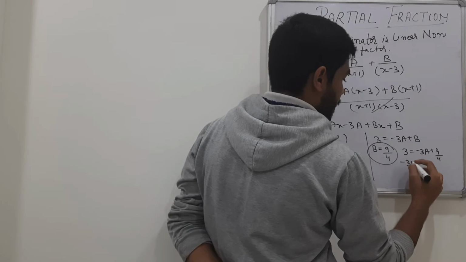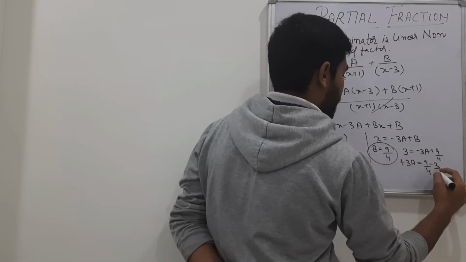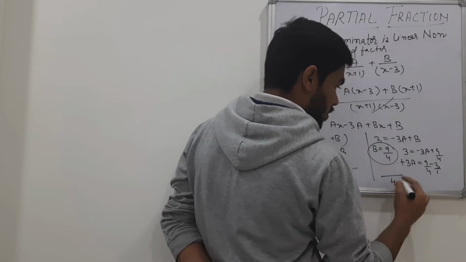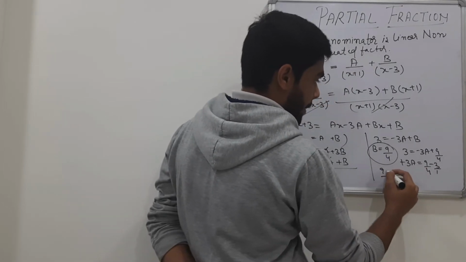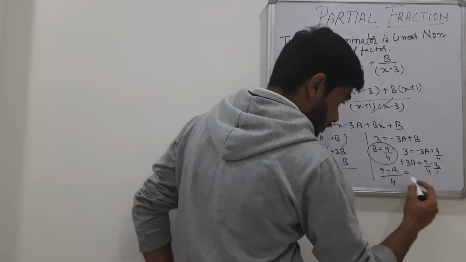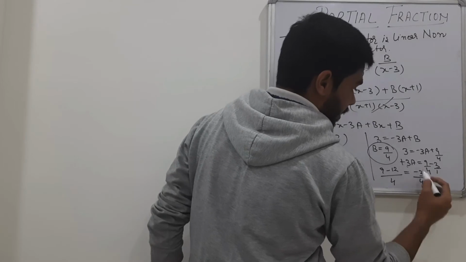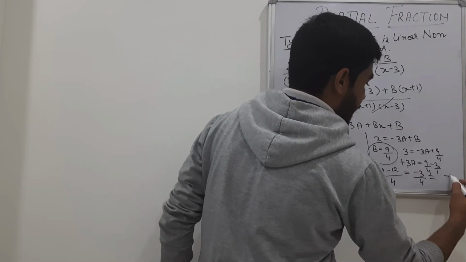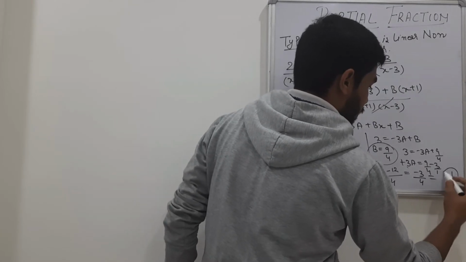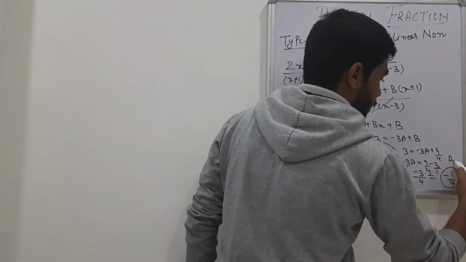So minus 3A will become plus, and 9 by 4 upon minus 3. We got 9 minus 12, that is minus 3 upon 4, and minus 3 and 3 will cancel. So this will become minus 1 by 4. So the answer of A is minus 1 by 4.